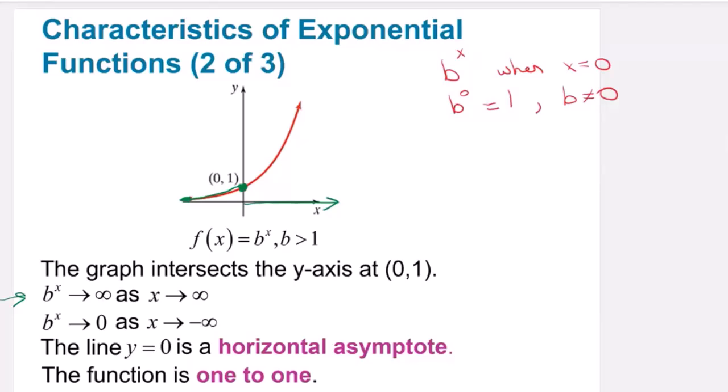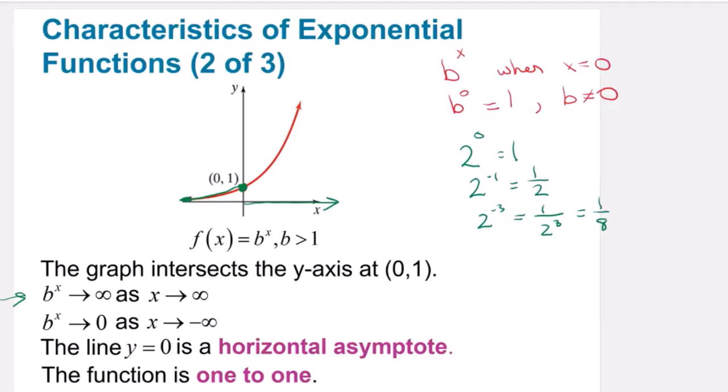Why is that? Well, let's say I have 2 to the 0 power. That's equal to 1. How about 2 to the negative 1 power? That's the same as 1/2. 2 to the minus 3 power is the same as 1 over 2 to the 3rd, which is 1/8.